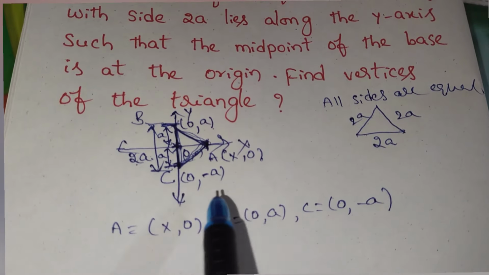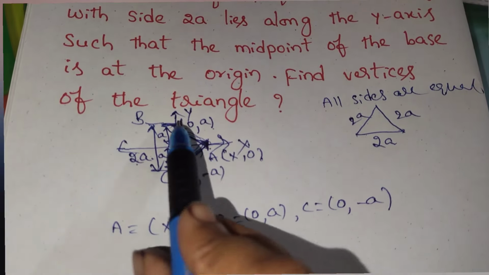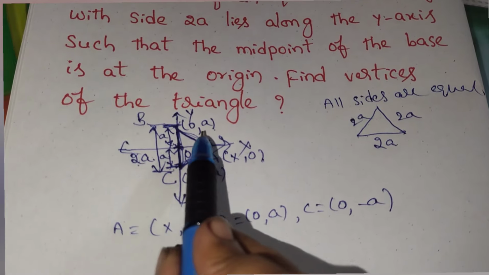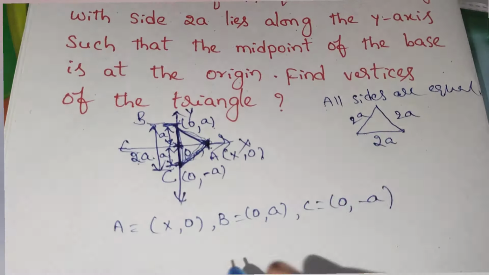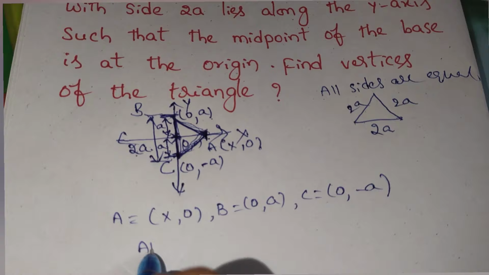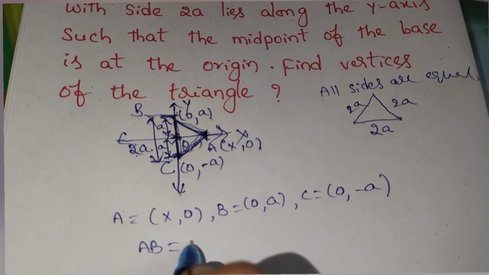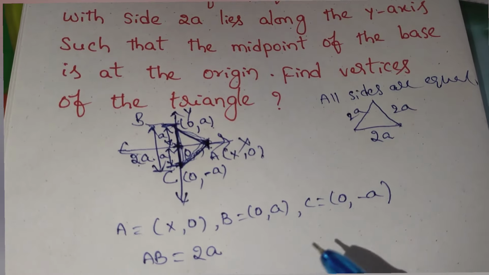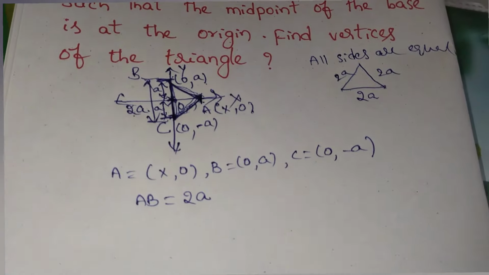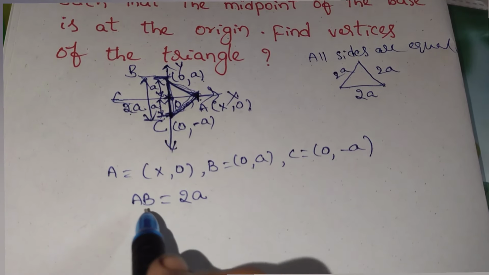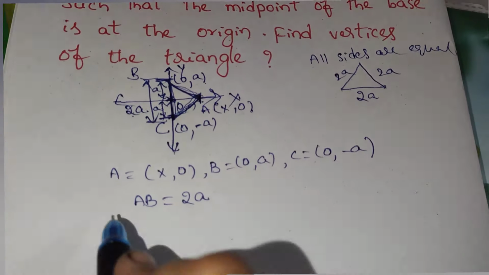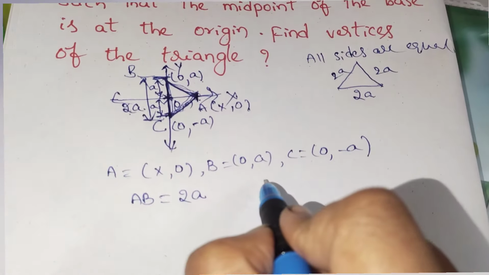And one more thing is the length A to B is 2a. So in the given question AB is equal to 2a. Now the distance between A and B: what is the formula for the distance between 2 points?